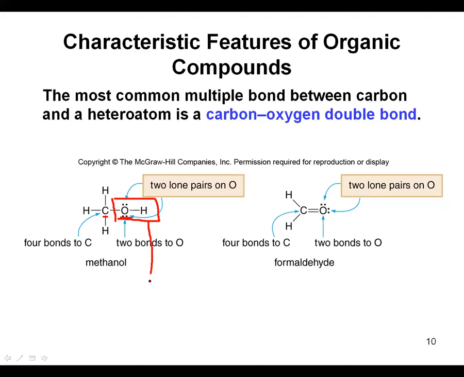Just the presence of something like that is what makes this a class of organic compounds known as an alcohol. And you might even see the trend, perhaps: alcohol ends in OL. The name of this guy is methanol, which ends in OL as well. So very common things are named based on the groups to which they belong.